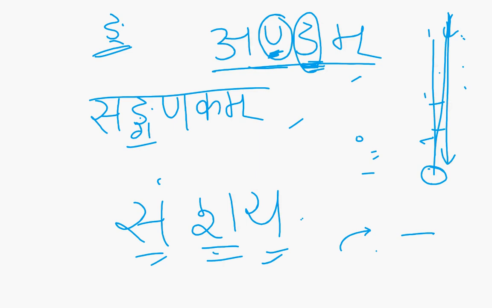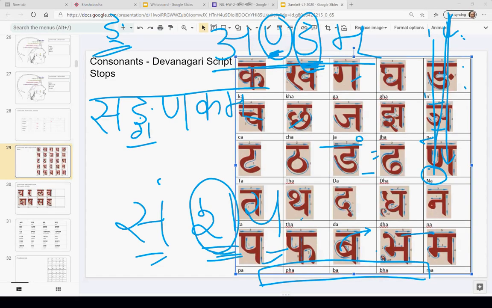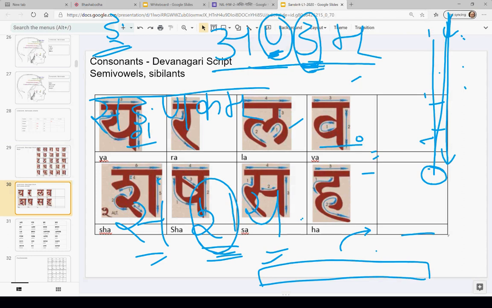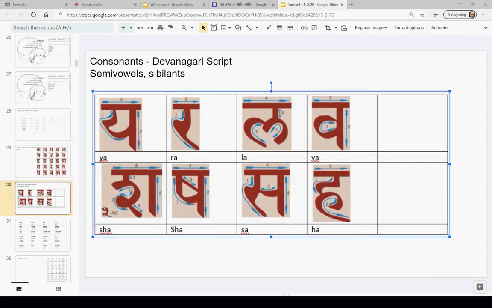This sha doesn't belong to any of those first 5 lines. This sha belongs to the last uncategorized line, right? What are the Vyanjanams in that line? Yara, lava, sha, sha, sa, ha.